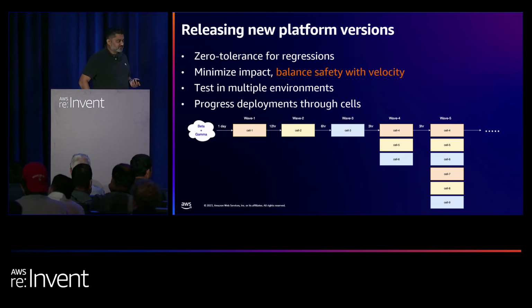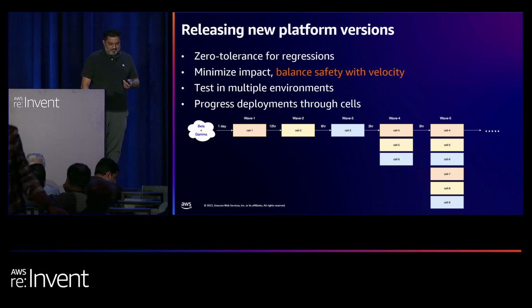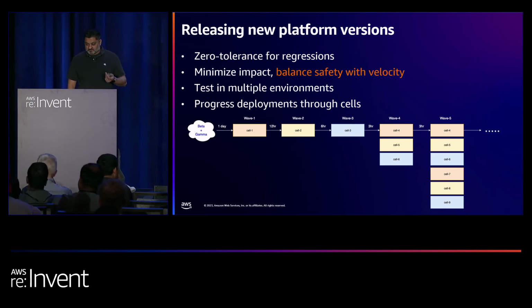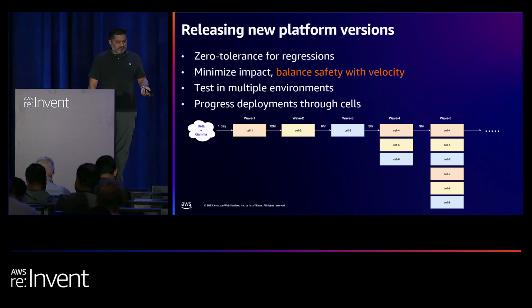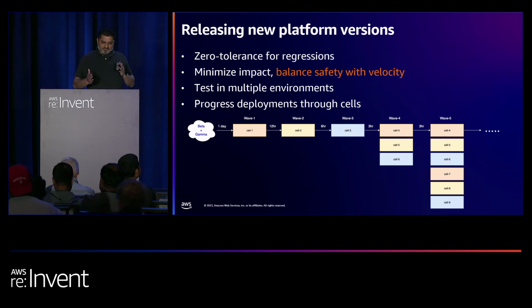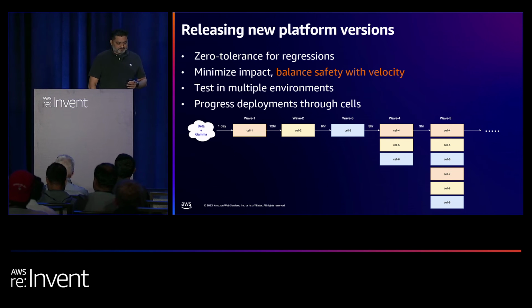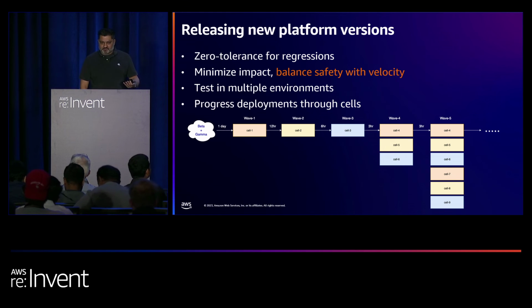The scale of our fleet is pretty massive. We're talking about several hundreds of thousands of clusters. And the instances that are running these clusters need software such as OS patching, new versions of containers, and new patch releases of Kubernetes. So our challenge is balancing safety with velocity, given the number of regions and cells that we're operating. To hit the right balance, we've used deployment strategies that AWS has evolved over time.